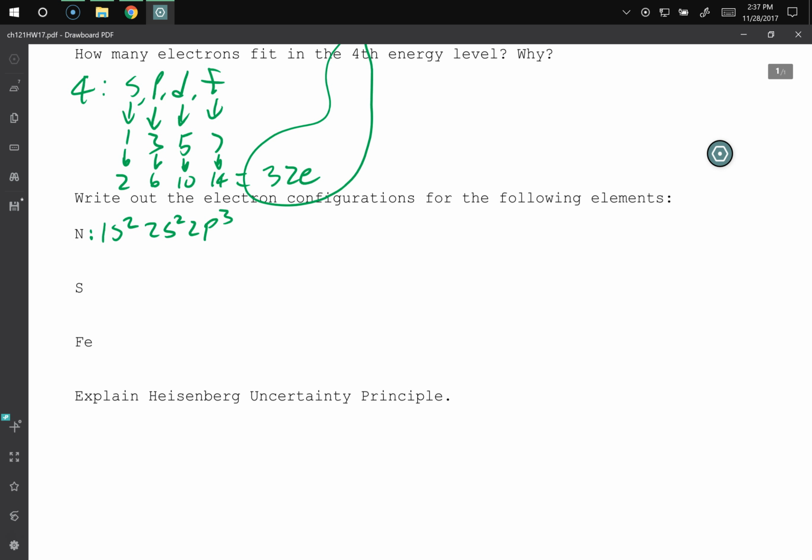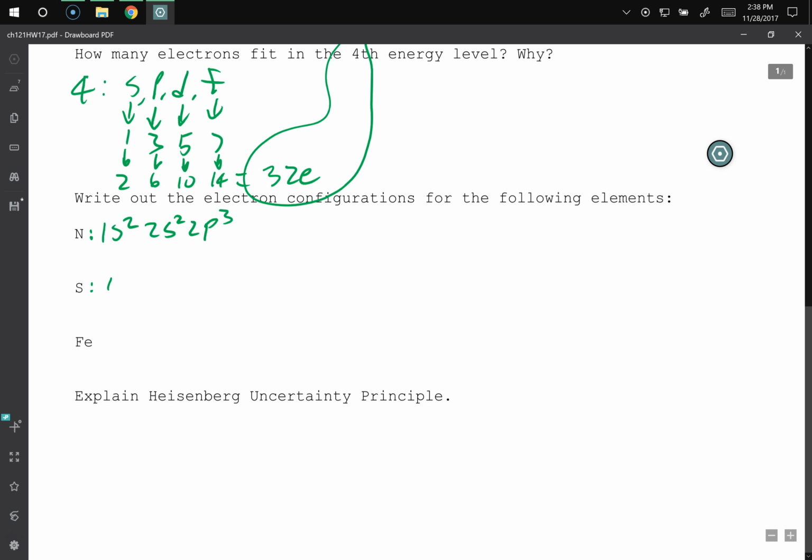And then what's the other way? The last electron is in 2p3. So that puts it in the second row, the p block, and then the third column over. If you go to the p block, go to the second row, and go 3 columns in, you find nitrogen.